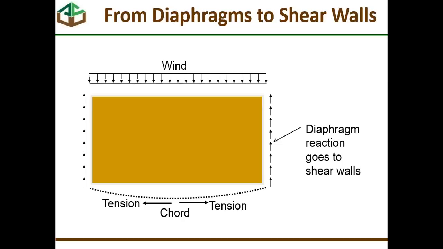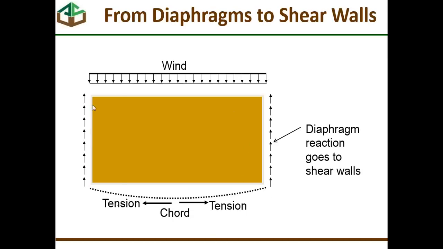Again, just to recall what we did last week, we have wind that hits this particular diaphragm coming down from the top, and when it does, the diaphragm acts like a really deep beam and causes tension out here on this back side of the diaphragm. When that tension occurs, it tends to pull the two parts of the wall apart.